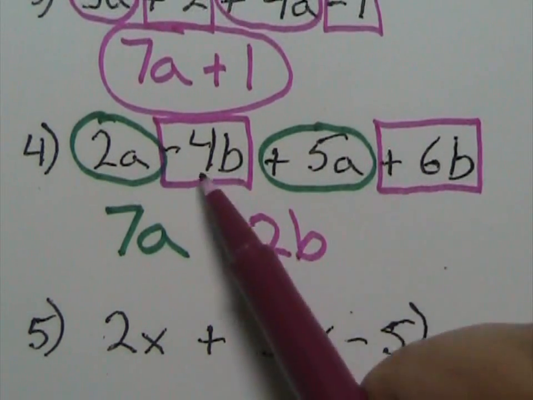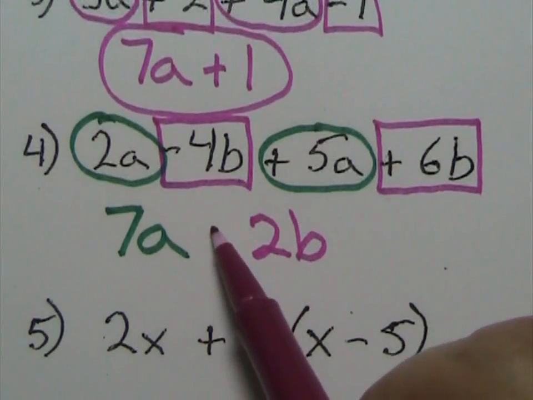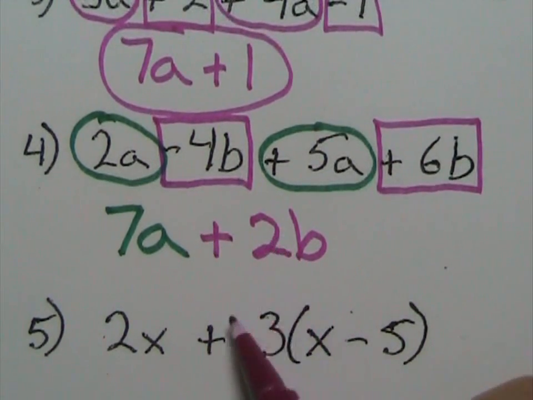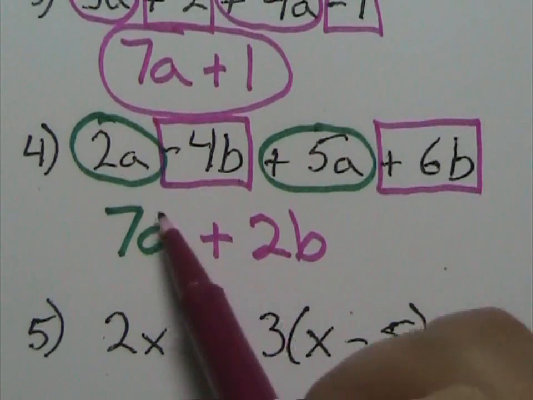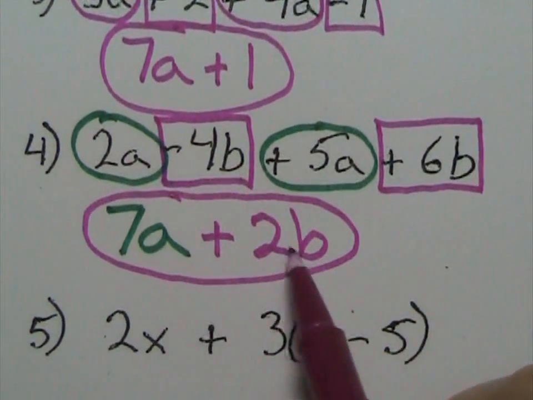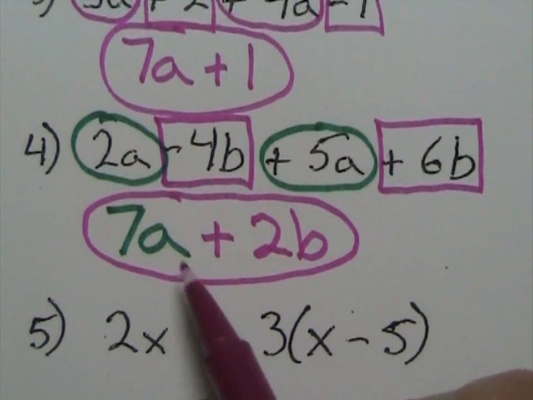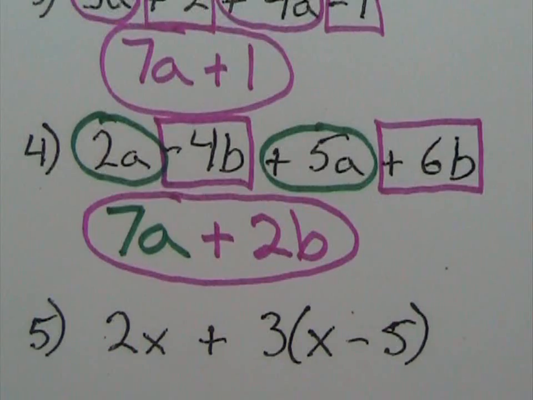And is there more positive or negative? There's more positive, so it's a plus 2, a positive 2. So you put a plus there. Notice these are unlike terms. This one has an A and this one has a B. They're different variables. You cannot combine these.